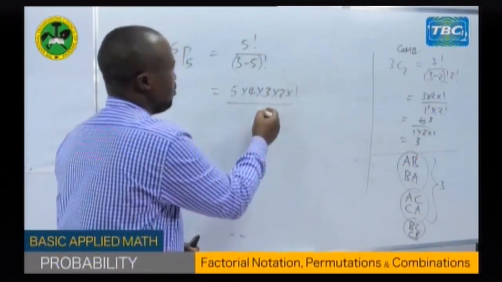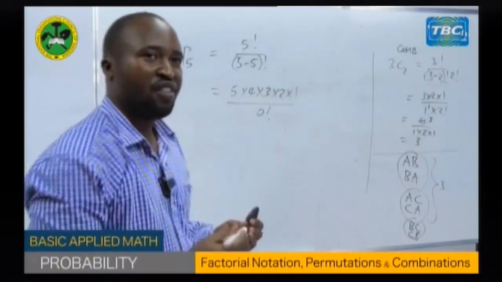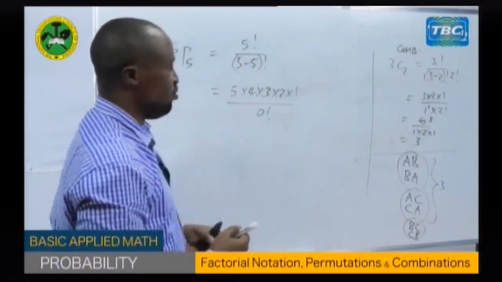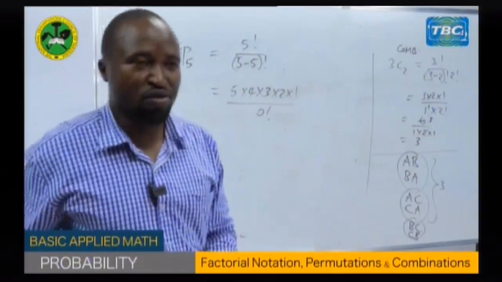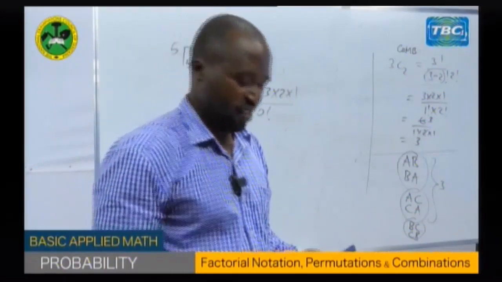This is equal to 0 factorial. Now, for the numerator, you can use your scientific calculator to get the answer. I'm sure most of you are taking basic applied mathematics. You have the scientific calculator.